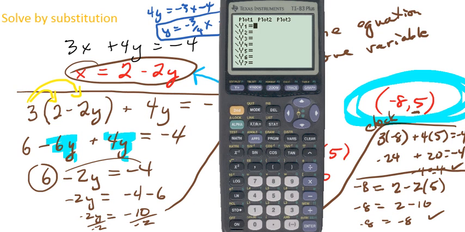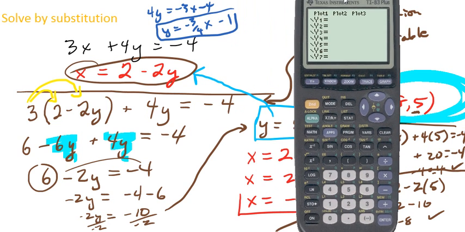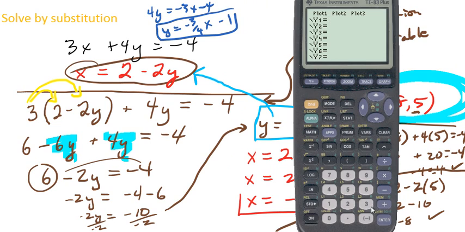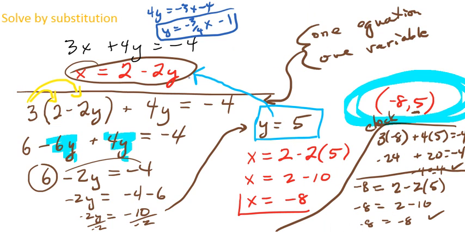I'm going to plug this one into the calculator first. Actually, let's use brackets. Bracket -3 divided by 4, bracket x, minus 1. Alright, what about the other one? If I isolate for y for this one, let's bring that 2y to the other side.